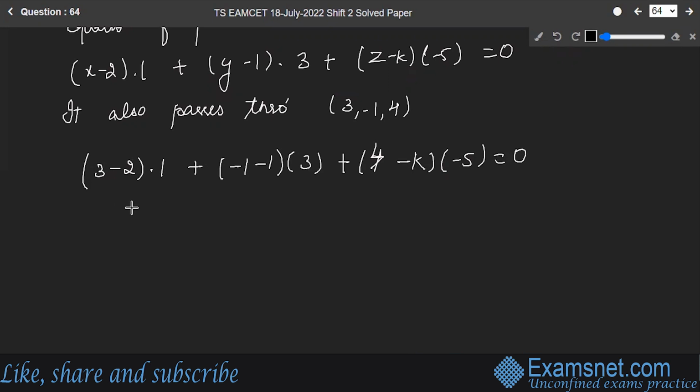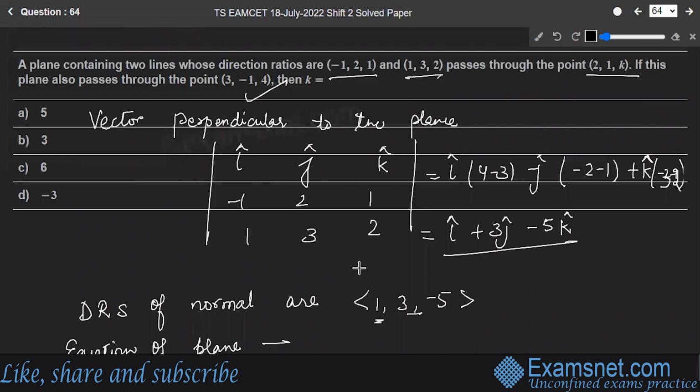That's going to give me 1 minus 6 minus 20 plus 5k is equal to 0, or 5k is equal to 25, which gives me k is 5. So the value of k is equal to 5. This is what you needed to find in the question. Option A is the correct answer.